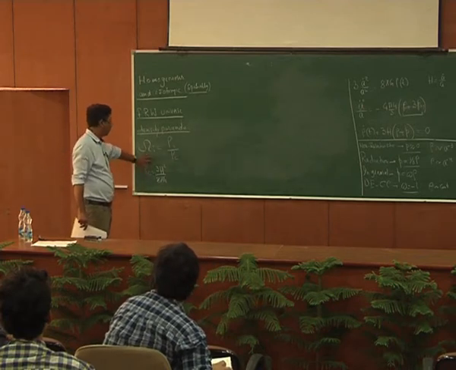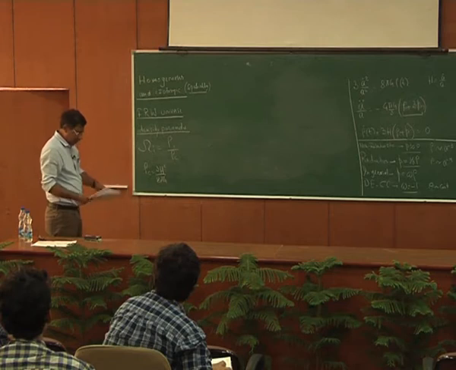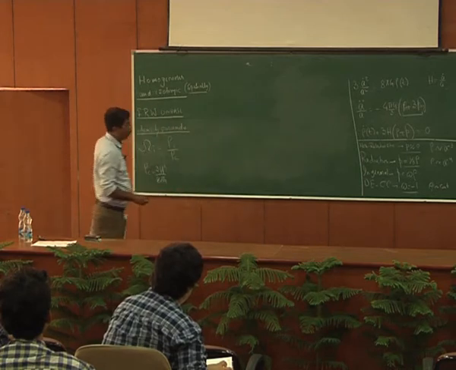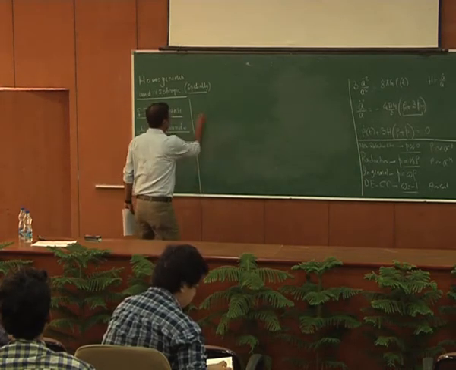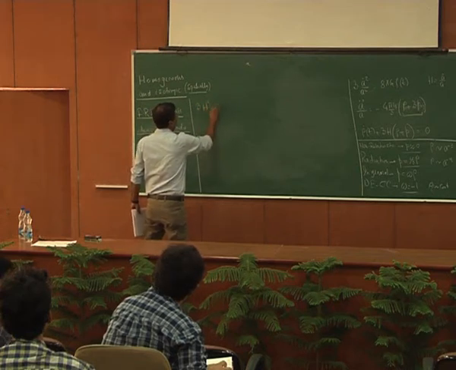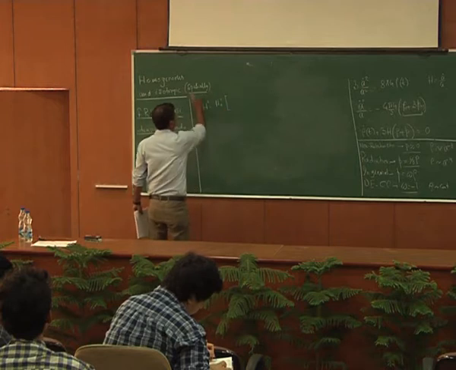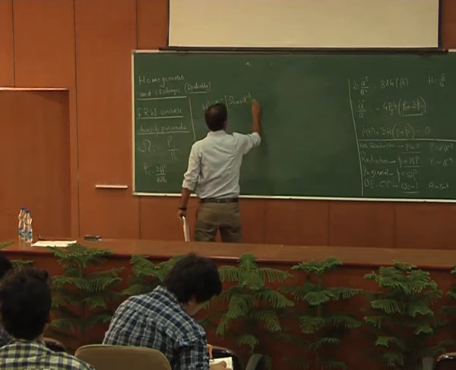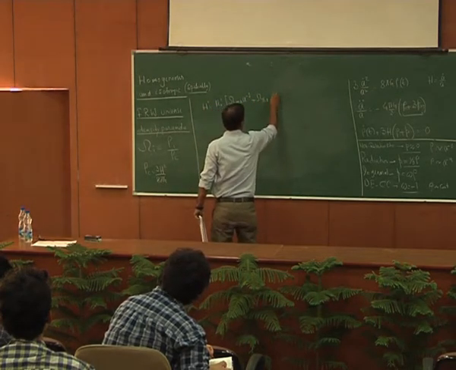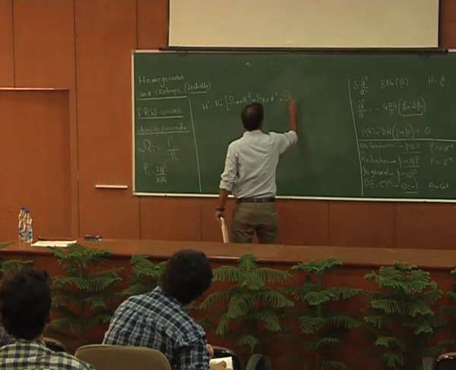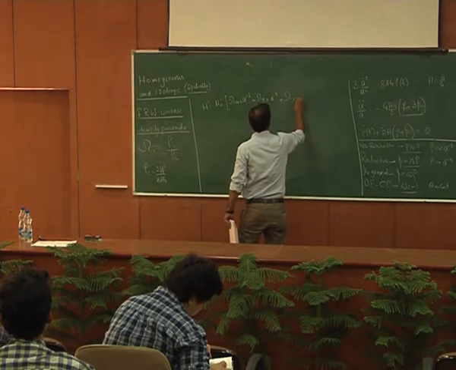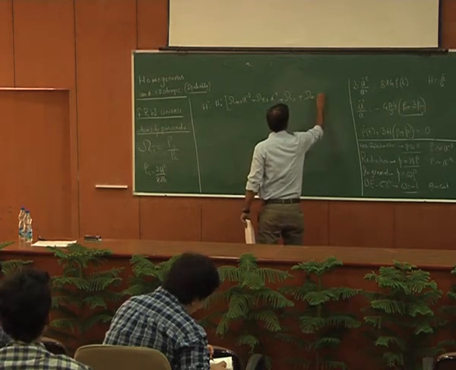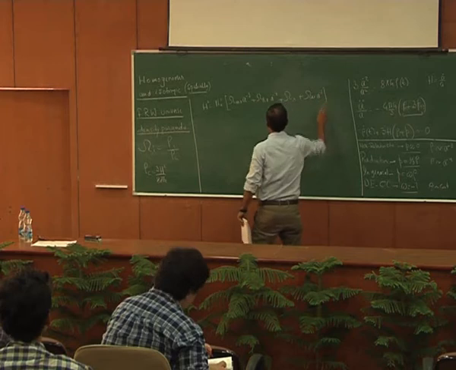So this is the defined density parameter, and in terms of this density parameter, you can write Einstein's first equation as H naught squared into rho_m naught a to the power minus 3, rho_r naught a to the power minus 4, then rho_lambda, plus rho_k naught a to the power minus 2.